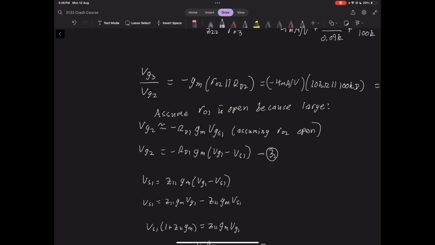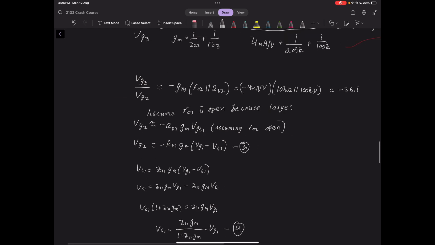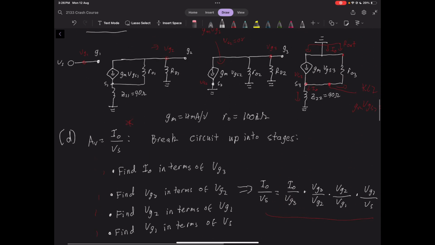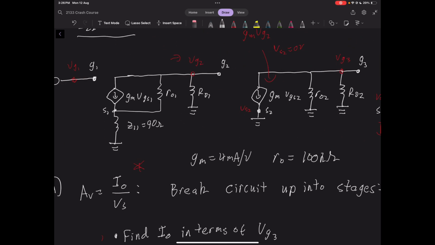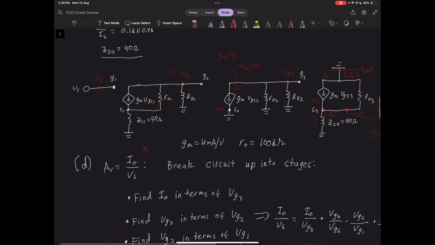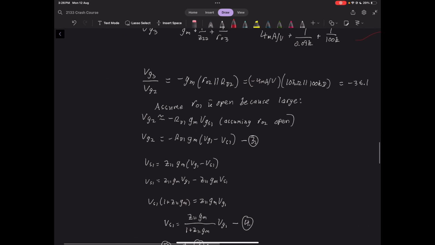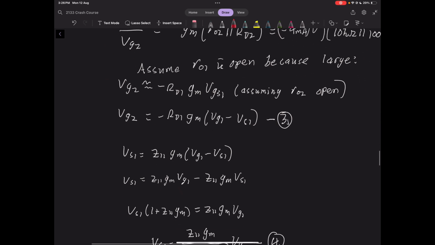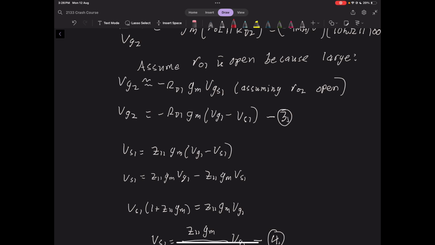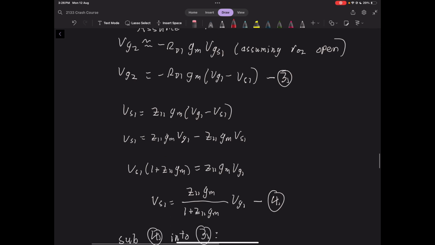and that's going to make our circuit analysis much easier because VG2, which is this voltage here, is just going to be, then we can ignore this resistor, and then we just get a current going through down there. You should get this equation over here, and then we can find VG2 in terms of this, and then we find VS1 in terms of this.